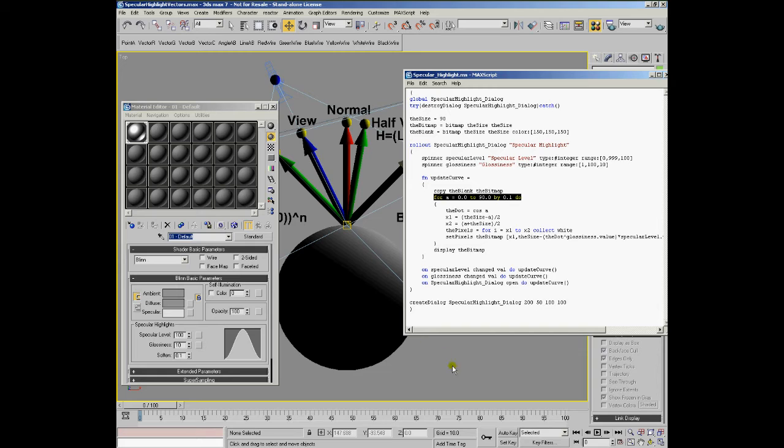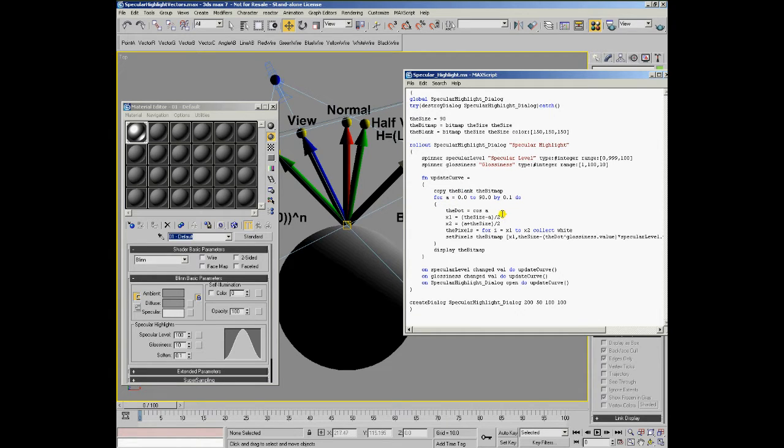Since at 180 we're going to get a half vector which is at 90 degrees, and whenever the two are parallel, then we get an angle of 0.